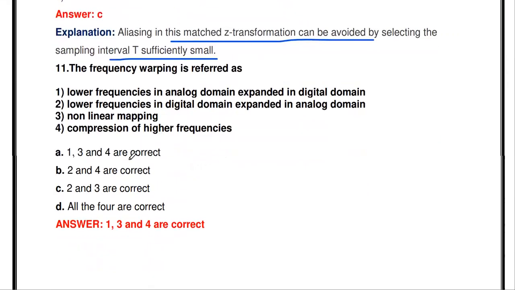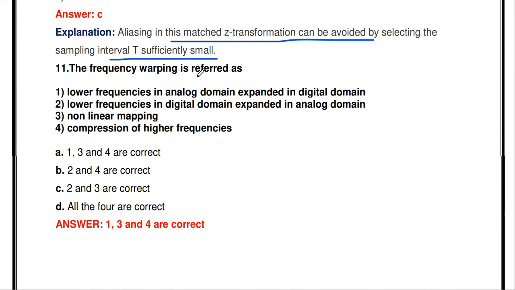This is the condition for T in order to avoid aliasing in the matched Z transform. The next question: the frequency warping is referred to as, okay, frequency warping is used in the bilinear transformation method. The options: lower frequency in analog domain expanded in digital domain, lower frequency in digital domain expanded in analog domain, non-linear mapping, compression of higher frequency.